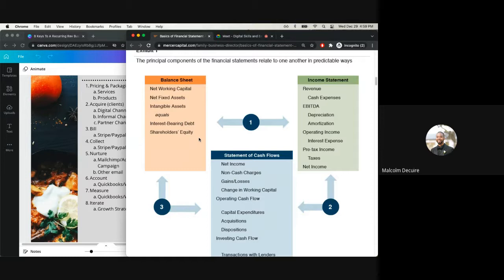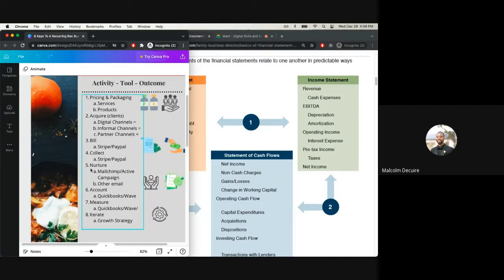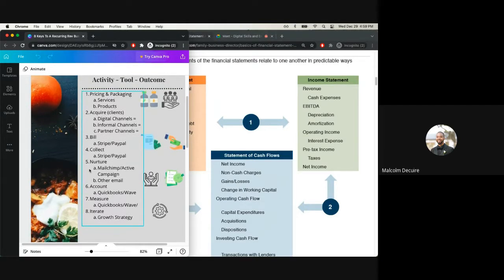So again, for the sake of repetition, the way these activities map is pricing and packaging maps to the income statement. In the example of Satoshi and his hoodies, he's going to be charging $150 for these graphic hoodies because they're made out of Patagonia wool, whatever it may be.